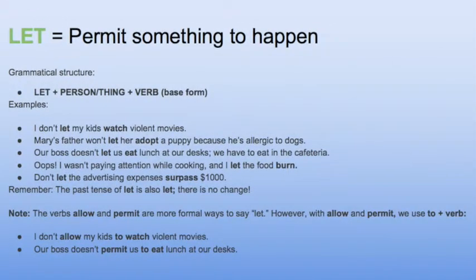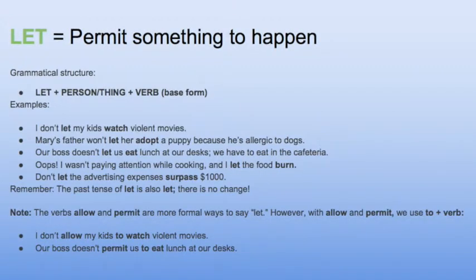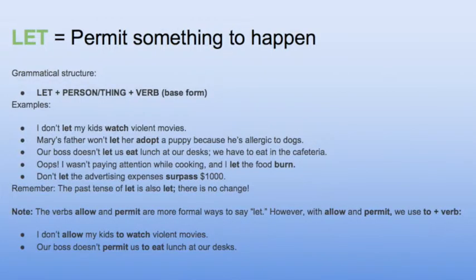We're going to talk about the verb let. This verb permits something to happen. Its grammatical structure is let plus person or thing plus a verb in base form. With the next examples, we're going to see that let is a verb that allows or permits something.